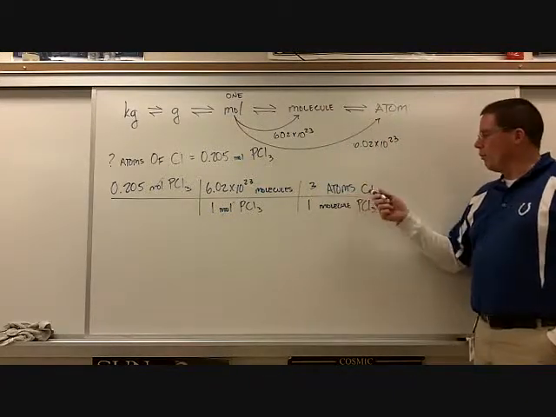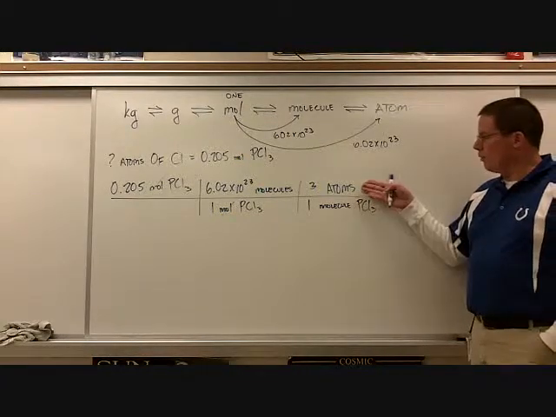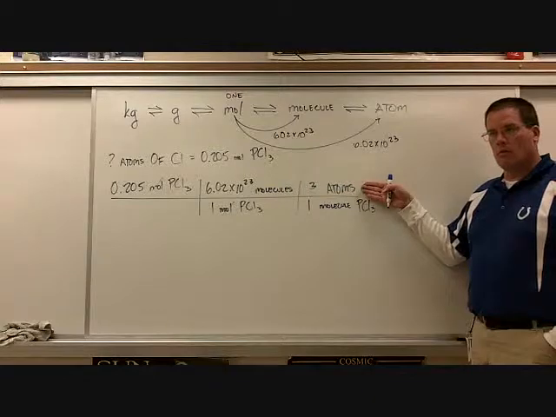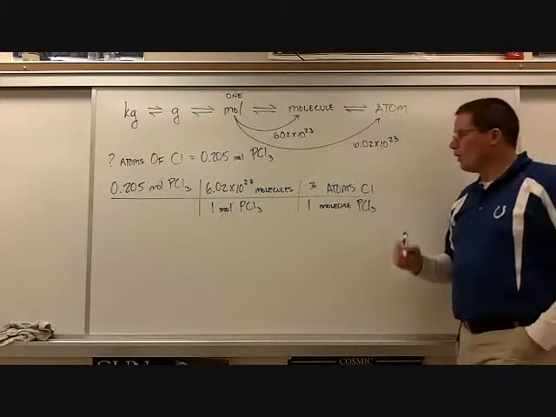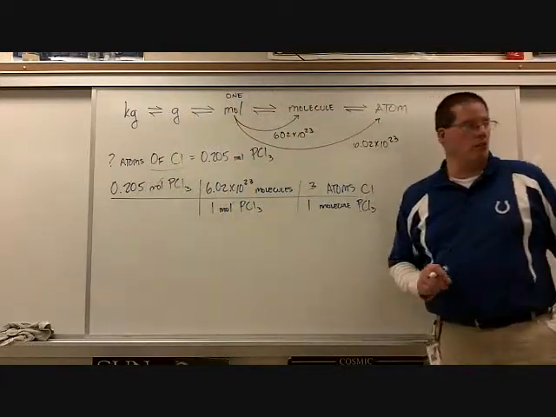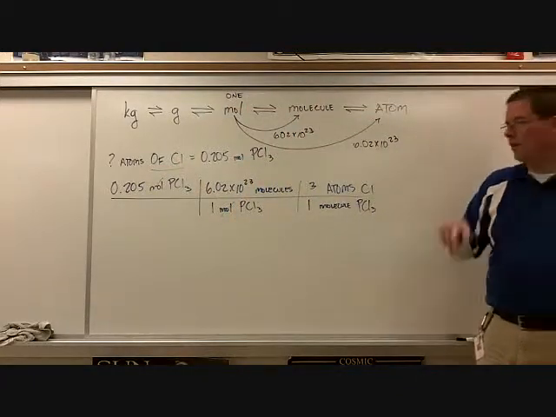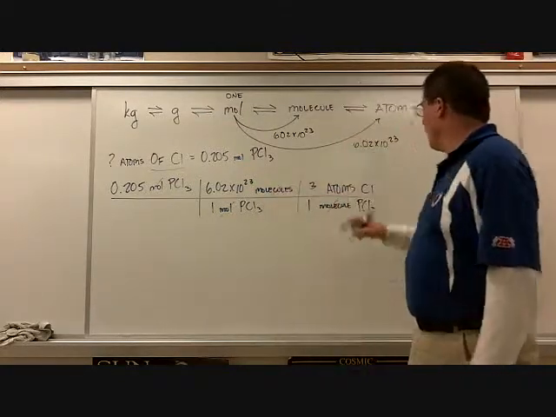What if I had atoms of phosphorus? 1. Yeah, 1. What if I just had atoms? Before, yeah, so just count them up. All right. So if it's being specific, make sure that you pay attention to that. So you may need to box in what the question's asking. So molecules cancel, we're left with atoms.